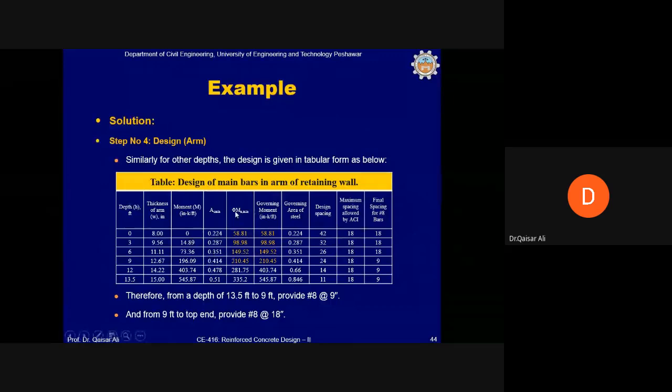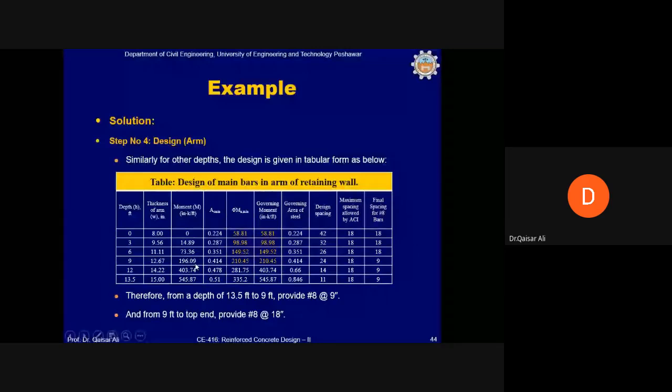And phi M minimum can also be calculated from this AS minimum, as demonstrated in one of the slides. And then you can see from this yellow that the governing moment will be the nominal, the minimum bending moment, because these are the demand. This table, column number 3, gives us demand at various heights. So 0 is demand at top, 14.89 at 3 feet, 73.36 at 6 feet, and 196.09 at 9 feet.